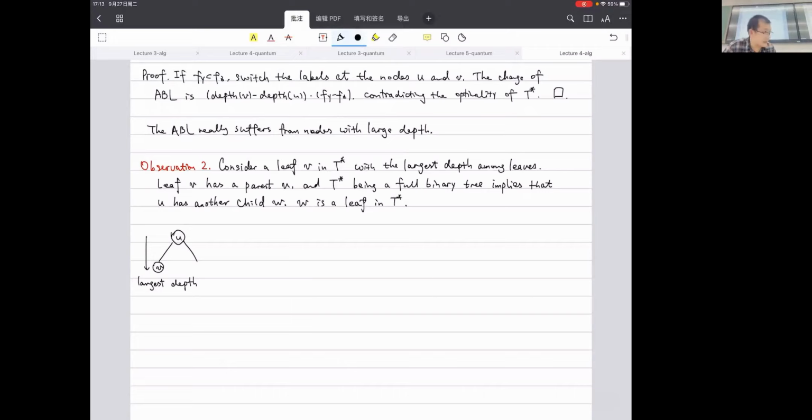Because the binary tree we studied is a full binary tree, U must have another child, which is this W. But if W is not a leaf, then it further has children, which contradicts the definition that V has the largest depth. So that's the reason why W should always be a leaf. I guess this should be relatively straightforward. Any questions?